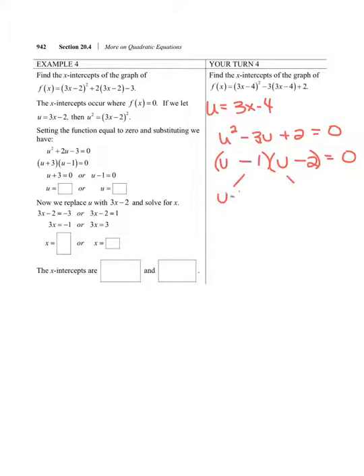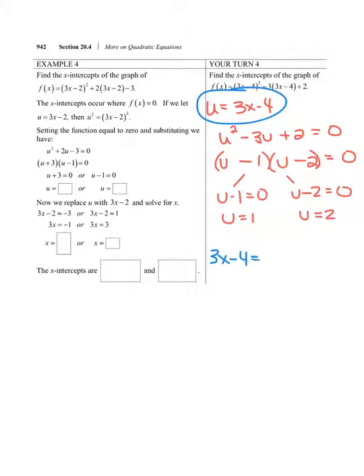Set each of these equal to 0. So u equals 1 and u equals 2. So now plug it back into this. So 3x minus 4 equals u, which is 1.